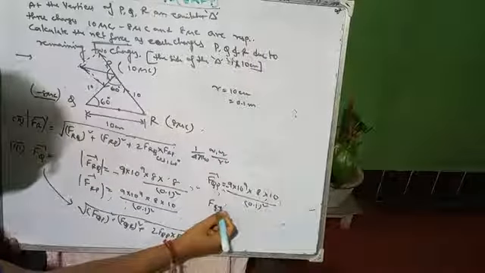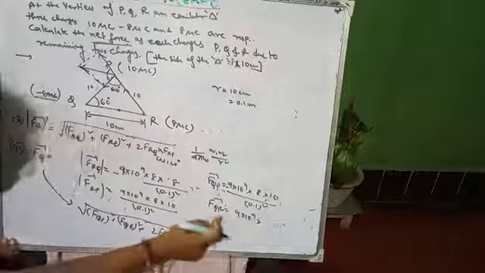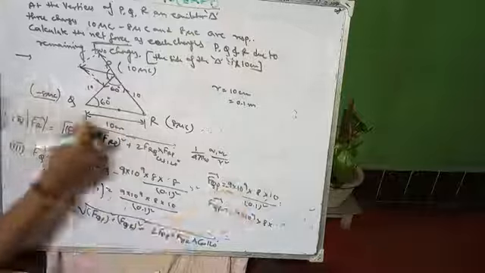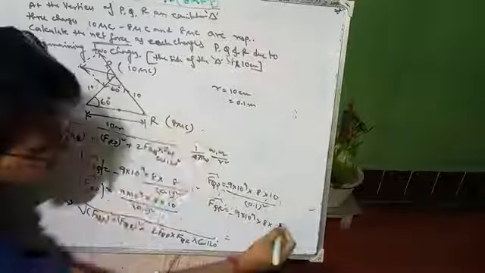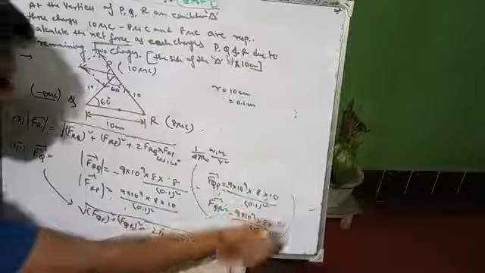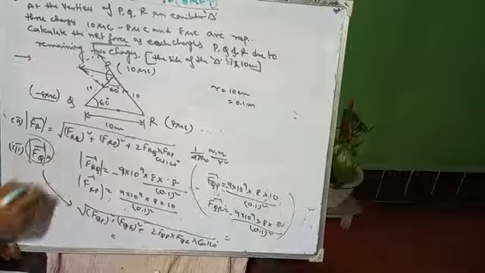And f of qr will be equal to 9 into 10 to the power 9 and q and r, q means minus 8, into r means plus 8, divided by 0.1 square, okay? So now put these values over here and you can get the ultimate answer for modulus of f of q, okay?